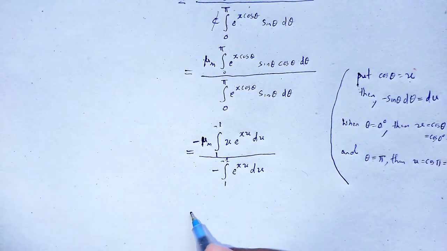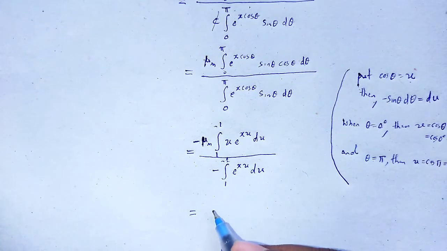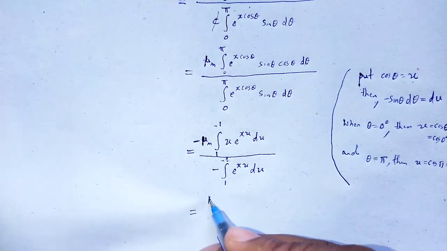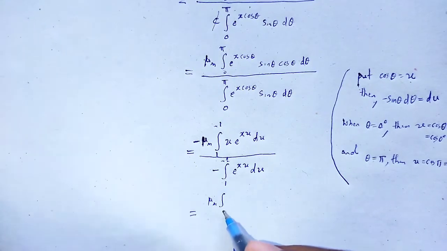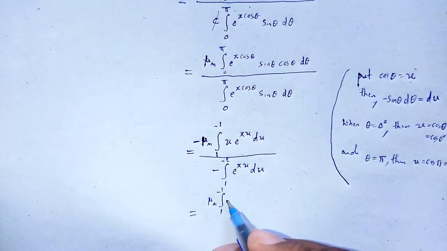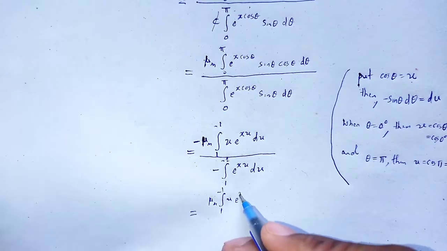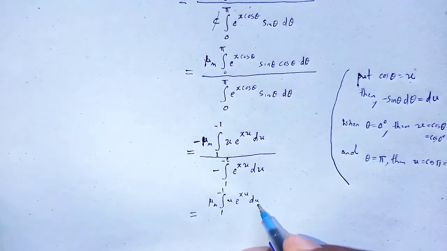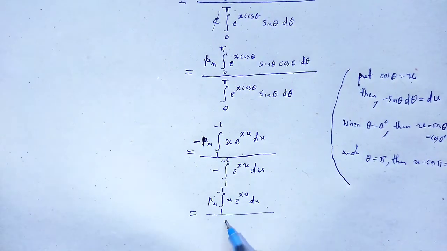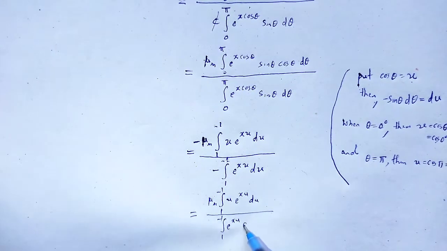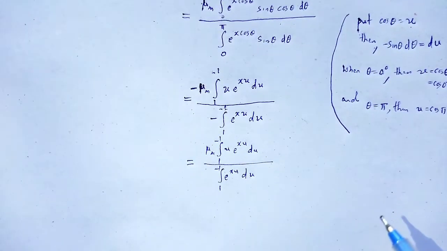The minus signs cancel out, so mu m integration over 1 to minus 1 of u e to the power x u du divided by integration over 1 to minus 1 of e to the power x u du.